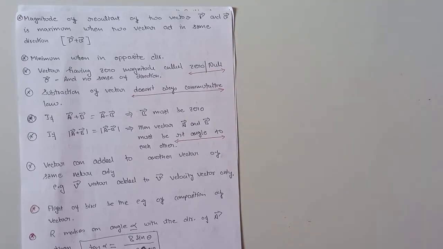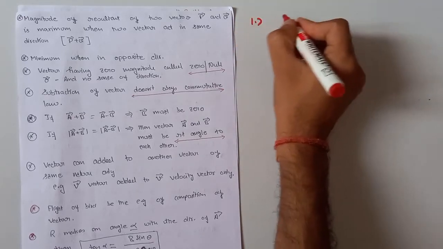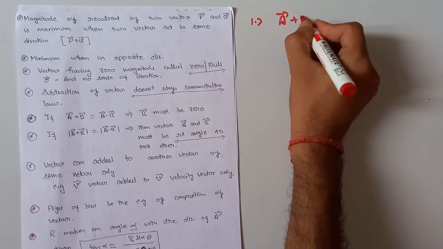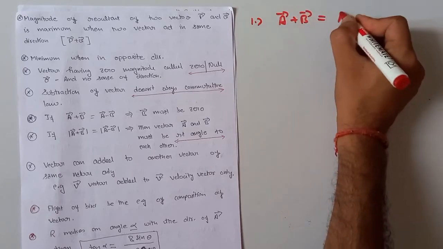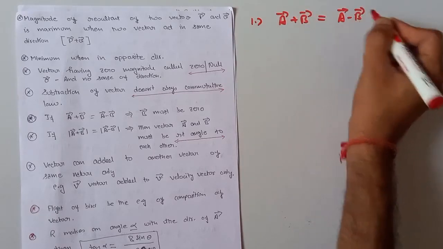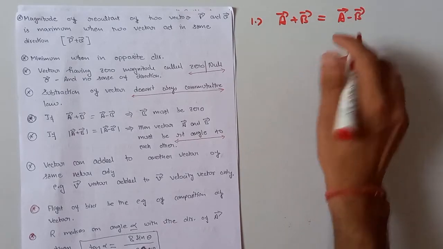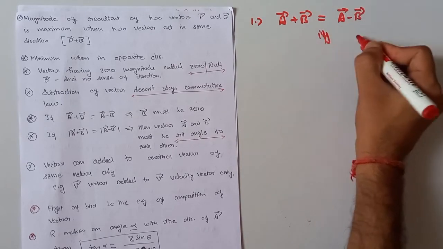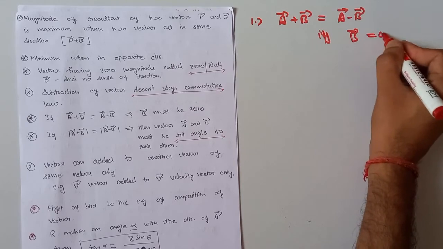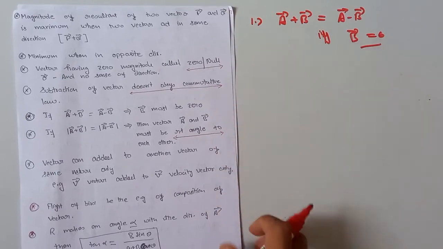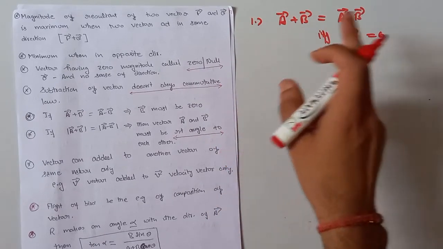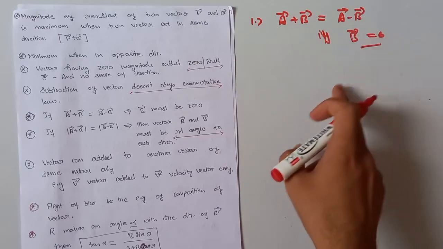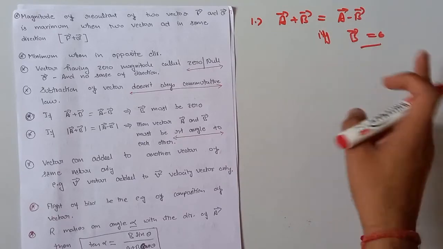There are some other properties which are very important. For example, vector A plus vector B is equal to vector A minus vector B if and only if vector B is equal to 0. It is possible that A plus B equals A minus B if and only if B is 0.